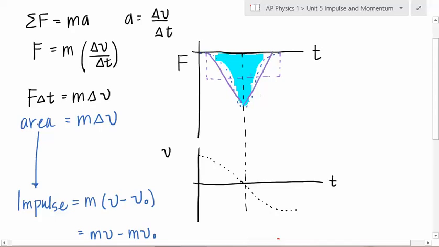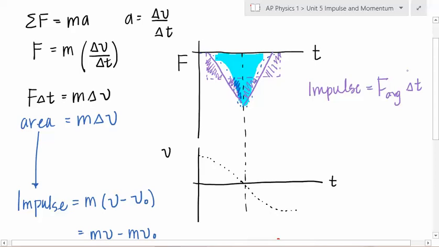So if we were to model this as a triangle instead of like an upside down parabola or the bottom of the sine type curve, do you see where the area here is about equivalent to the area there? And that this area here is about equivalent to the area there, which is why a good estimate of the impulse would be the average force times the change in time.